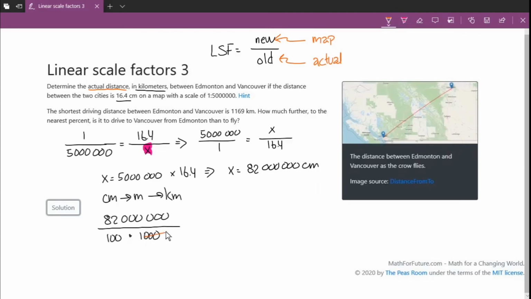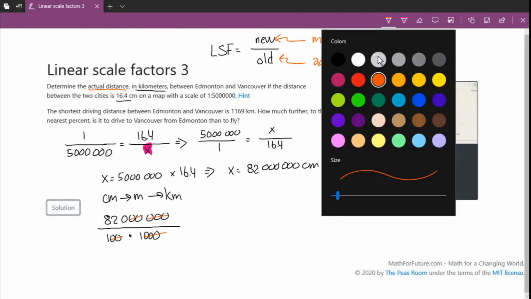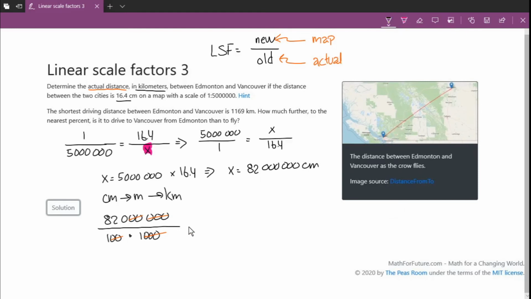These 3 zeros cancel these 3 zeros. These 2 zeros cancel these 2 zeros. And what are we left with? You can obviously do this division on your calculator, but anytime you divide by a base of 10, it's really just a matter of moving the decimal to the left. So we're left with 820 kilometers. So that's the first part of the question.